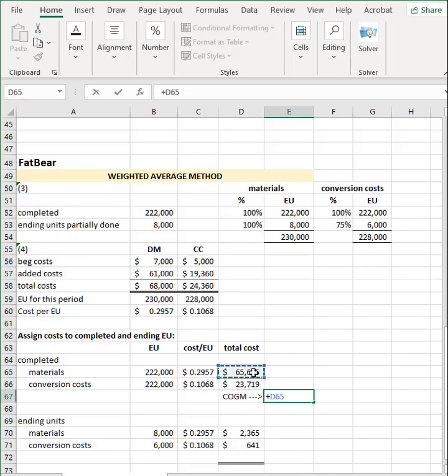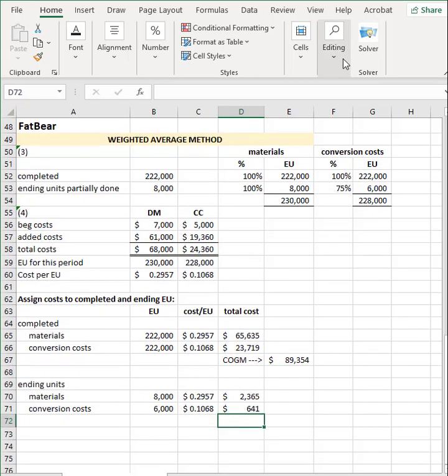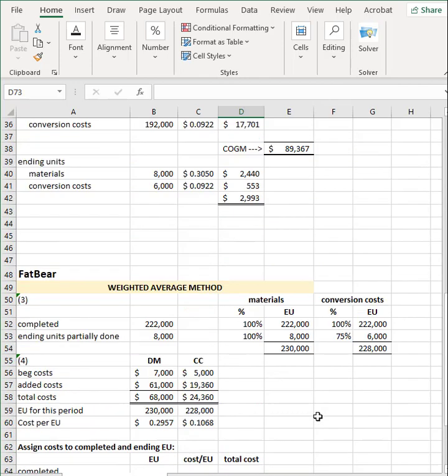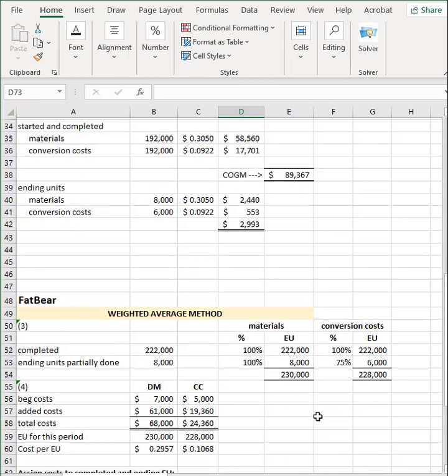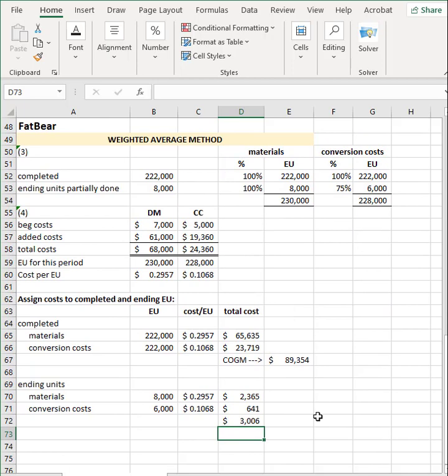So the cost of goods made is this total cost. And then the cost for ending work in process is this. So it's not identical to what we had up here, but it's fairly close. What that means is the cost per unit probably didn't shift that much. And that's fine.